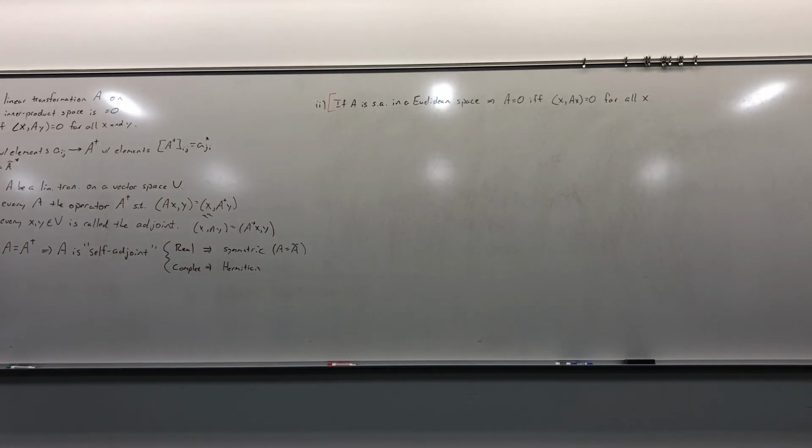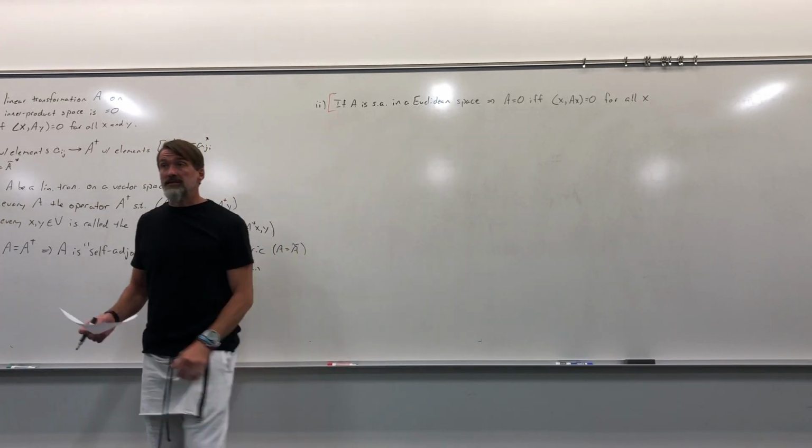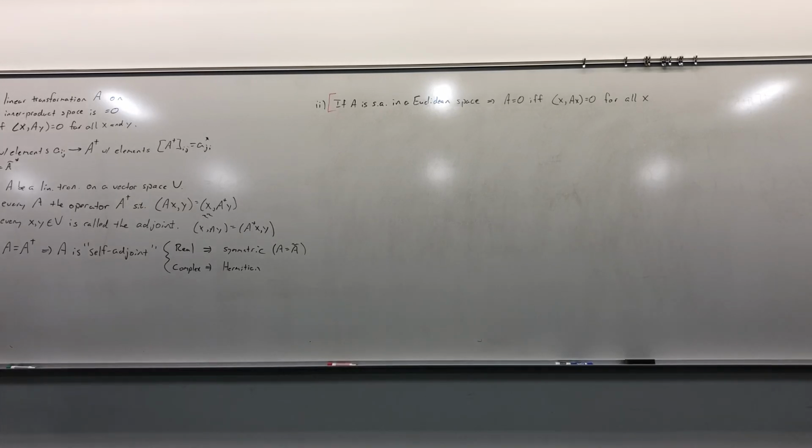So for this special subcategory, this condition is actually strengthened. How is it strengthened? So this is any linear transformation in an inner product space. This is a result particularly for self-adjoints in Euclidean space. So there's a difference there in the set that you're dealing with, but what's the different conclusion? Anybody want to help them?